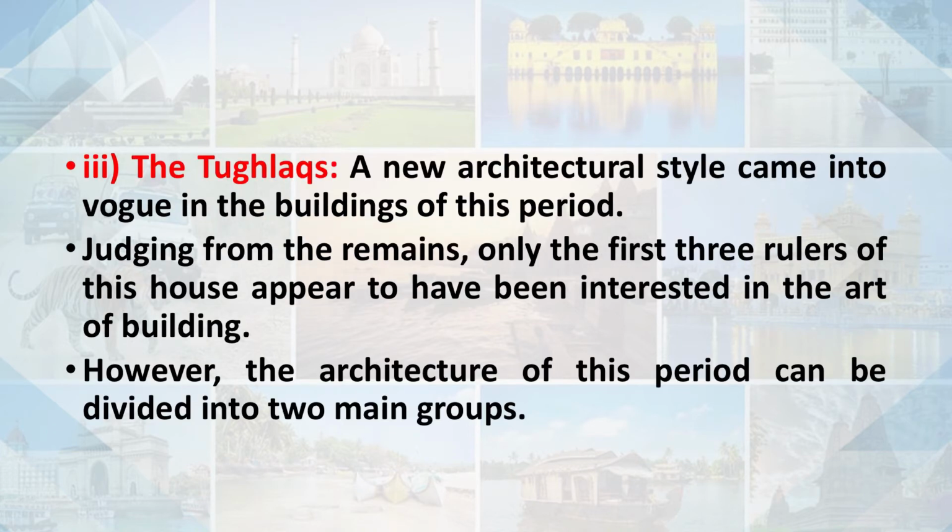For the Tughlaqs, a new architectural style came into vogue in the buildings of this period. Judging from the remains, only the first three rulers of this house appear to have been interested in the art of building. However, the architecture of this period can be divided into two main groups.